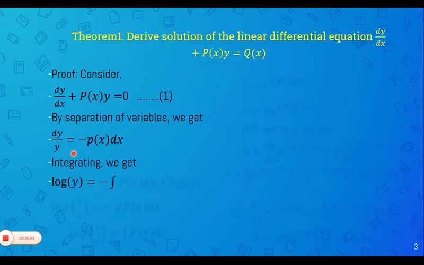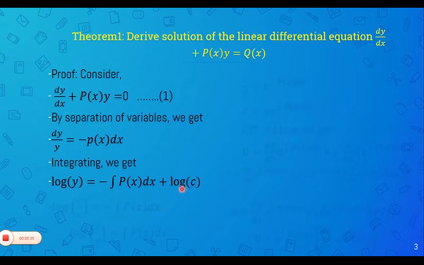Therefore, after taking integration, we get log of y is equal to minus integration p dx plus a constant of integration. Usually we take c as the constant of integration, but on the left hand side we have already got the answer in terms of log y, and that's why, for the sake of simplicity, we are taking the constant of integration as log of c instead of c.